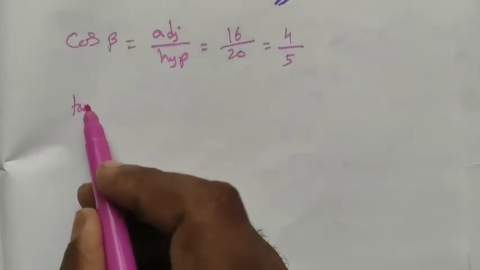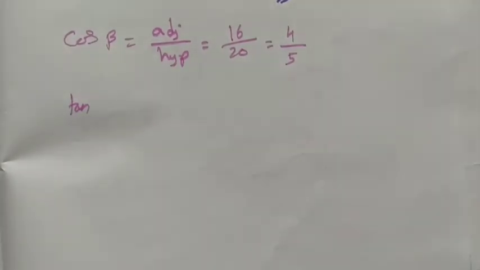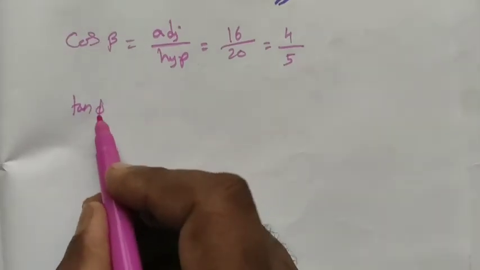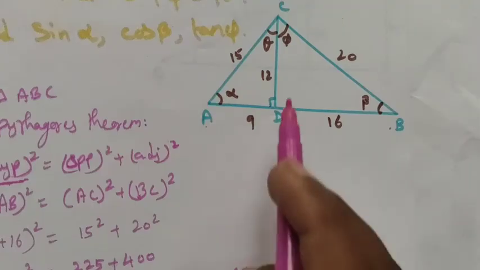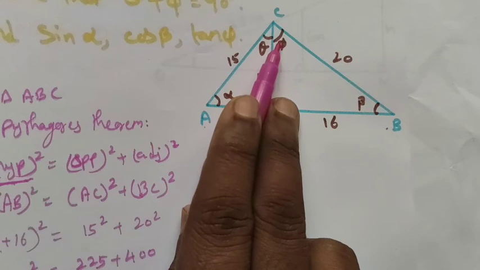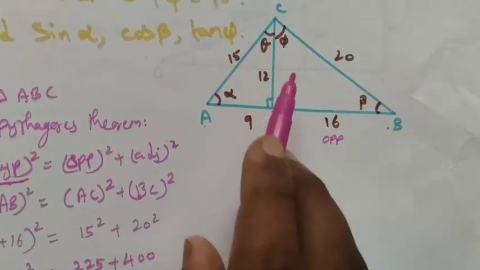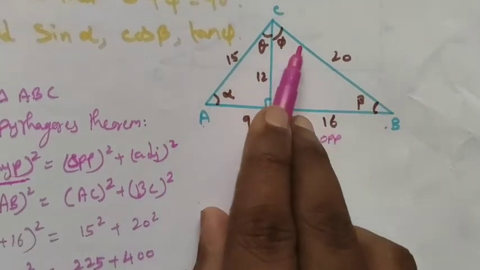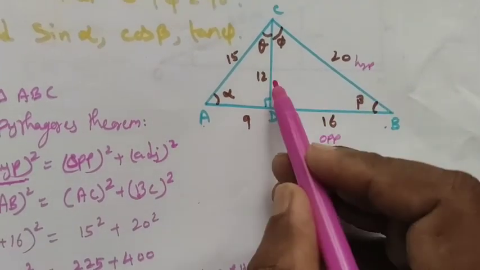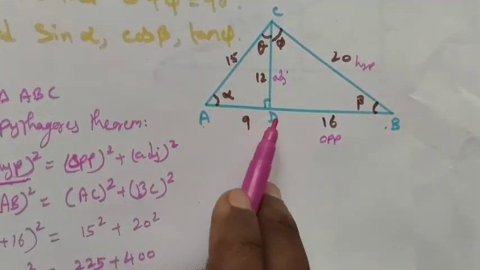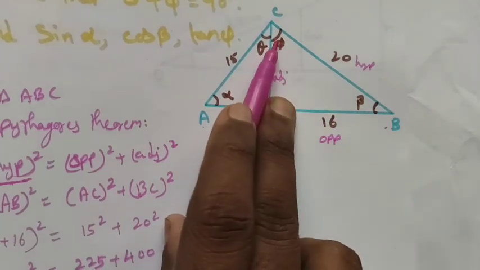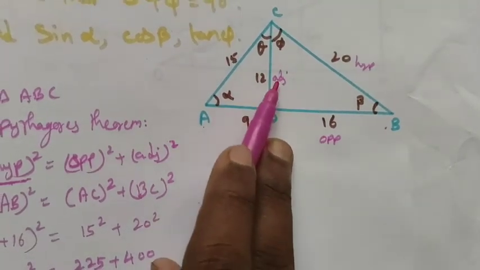Then tan pi. See, pi is located here. Opposite to this angle is the opposite side, and in this triangle only we are taking, this is the hypotenuse side and this is the adjacent side. So tan pi is opposite side divided by adjacent side.